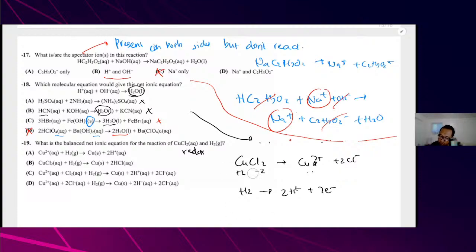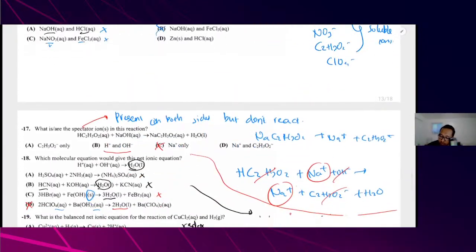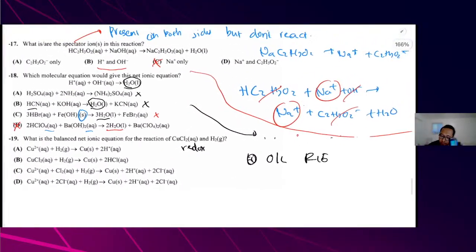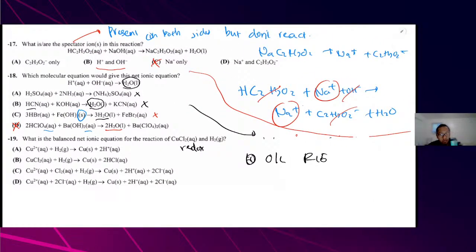So now we need to understand which one is reduction and which one is oxidation. In CuCl2, Cu goes from plus 2 to 0, so it gains electrons. Reduction means gaining electrons. So Cu2+ will be reduced to Cu.